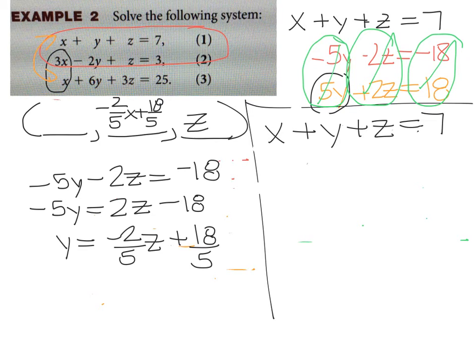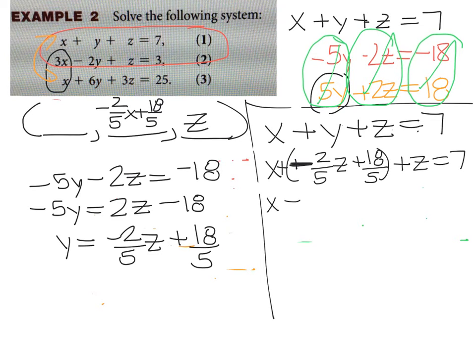And I'm going to replace the y with what I just found, which was negative 2/5 z plus 18/5. That's my y. Then I have the additional plus z equals 7.